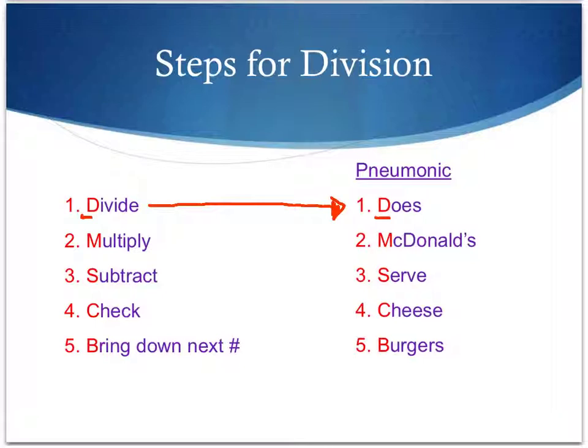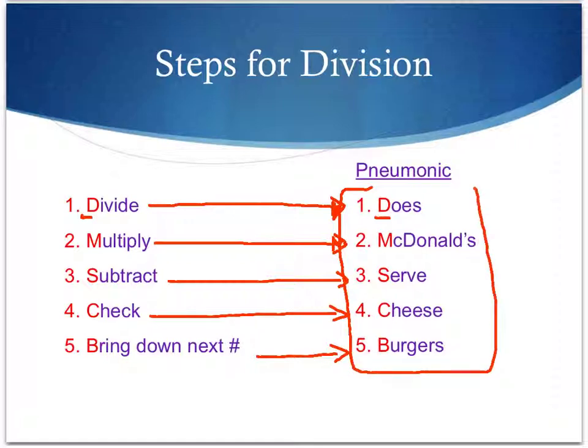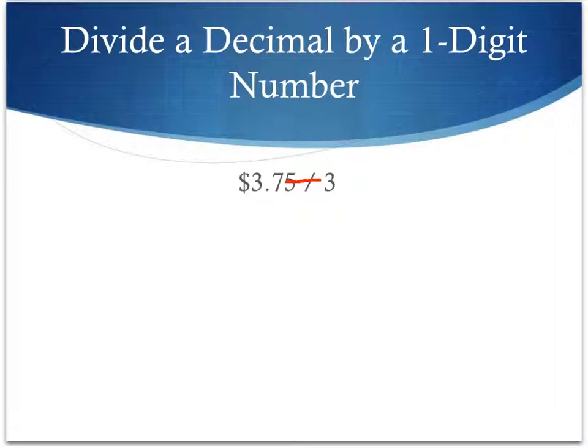Both these help you to determine that that's the step to divide. Multiply and McDonald's match. Subtract and serve. Check and cheese. Bring down and burgers. So this mnemonic helps you to remember the specific steps of division and in their specific order. Please write these steps down in your notes.